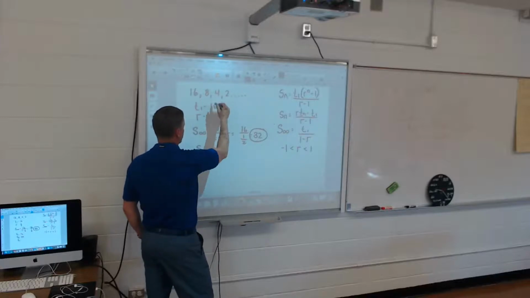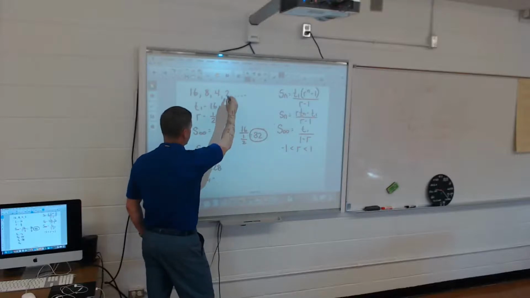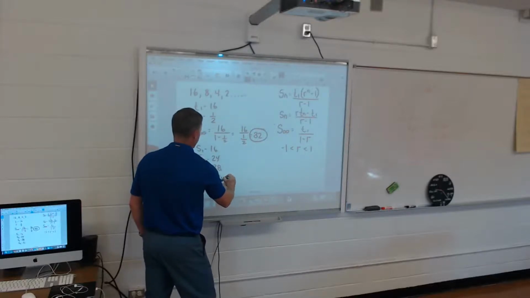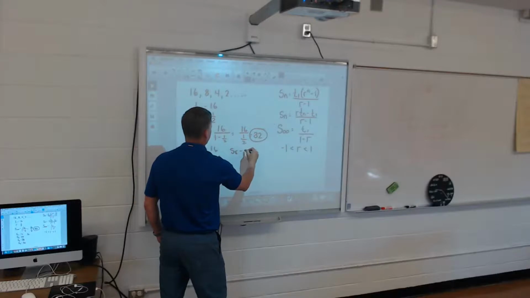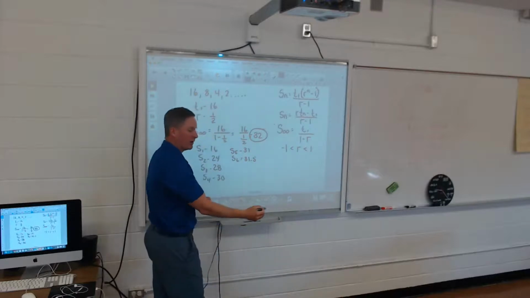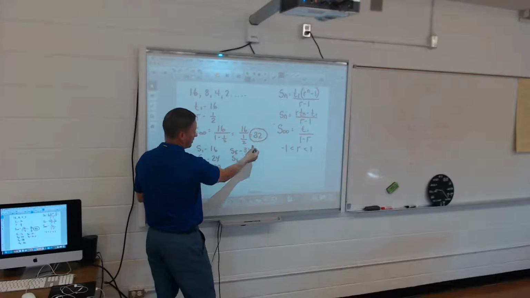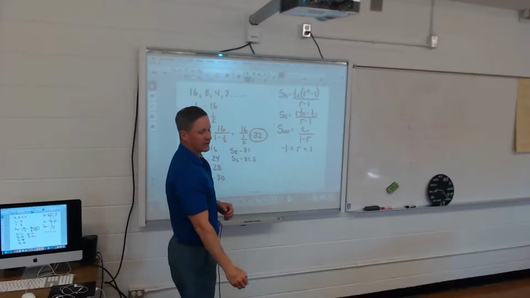S3, using the 4, is 28. S4, using the 2, is 30. S5 would be 31. S6 would be 31.5. And so it would continue to get larger, approaching 32, but never actually hit it.